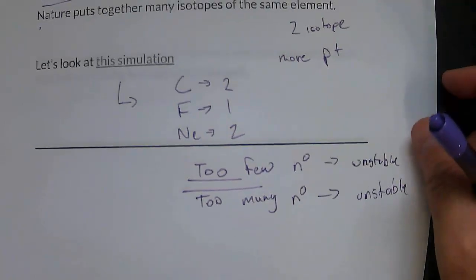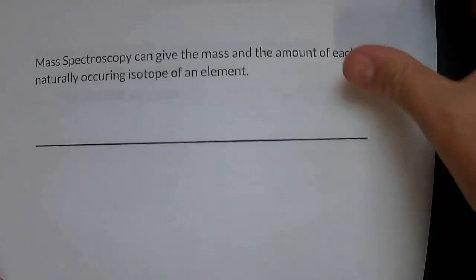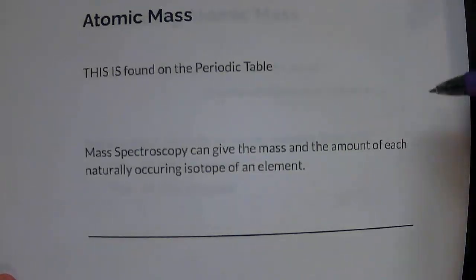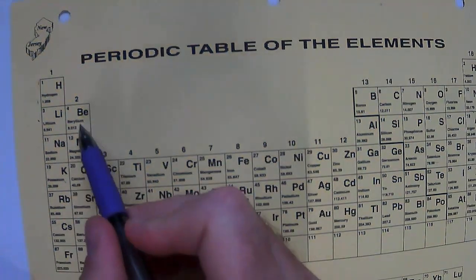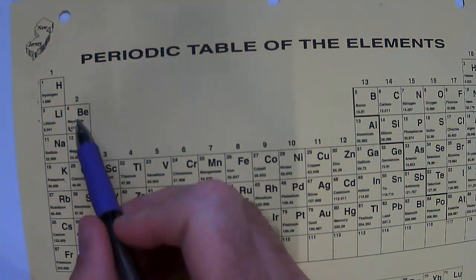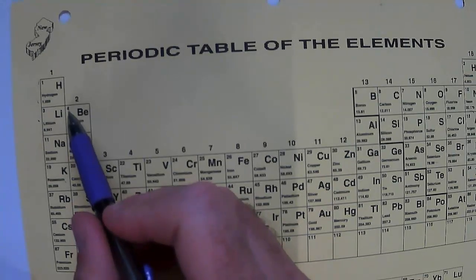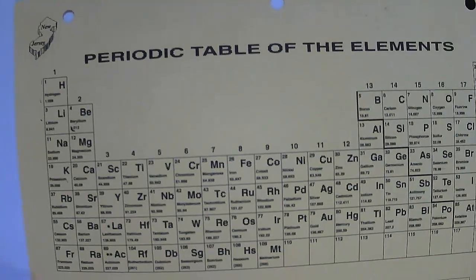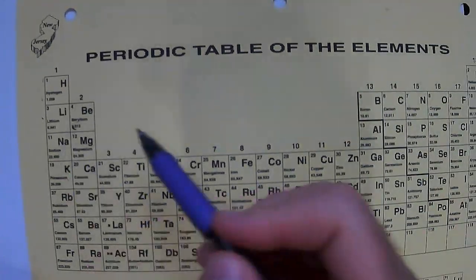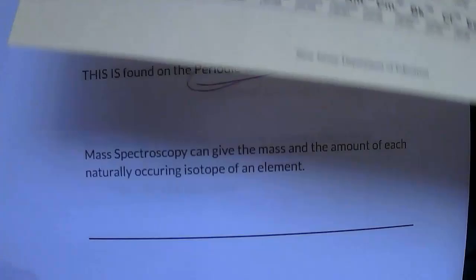Okay, so let's move on from here and let's talk about atomic mass. Atomic mass is the number found on the periodic table. We have the atomic number, but the other number on most periodic tables is the atomic mass. It's the one that's reported out to a ton of decimals.